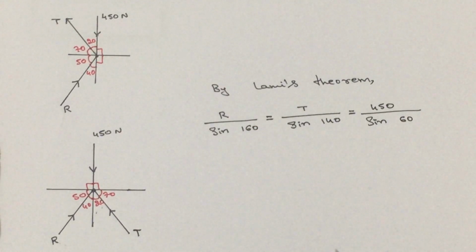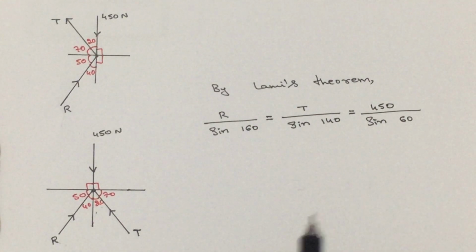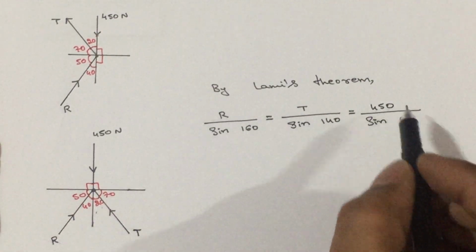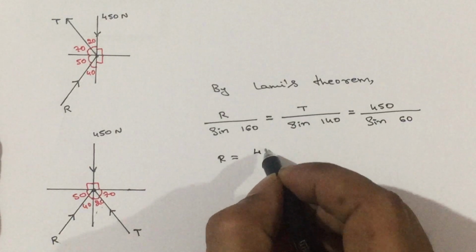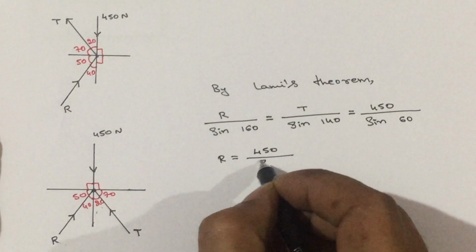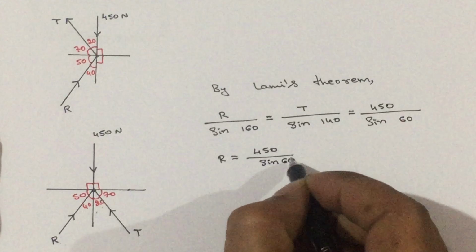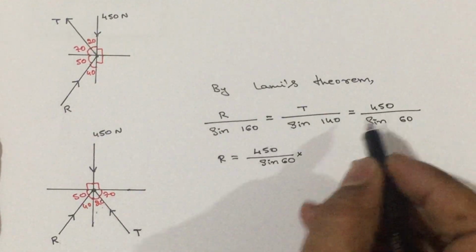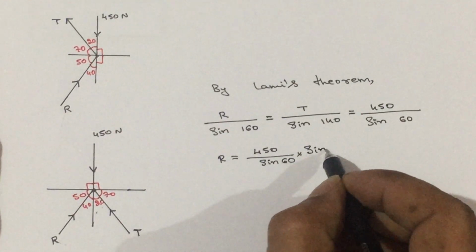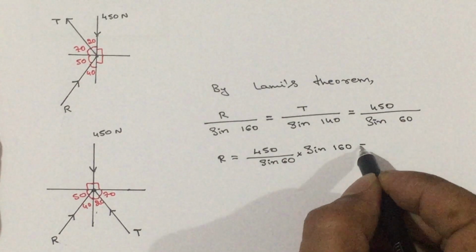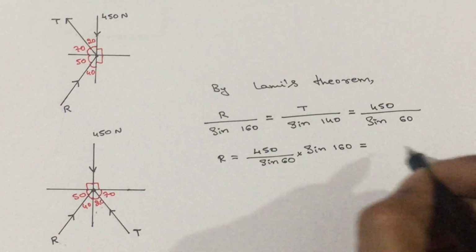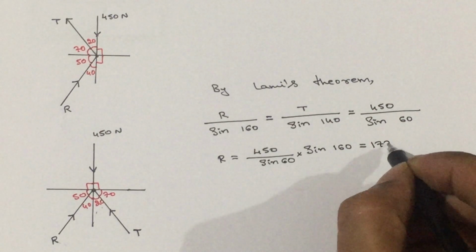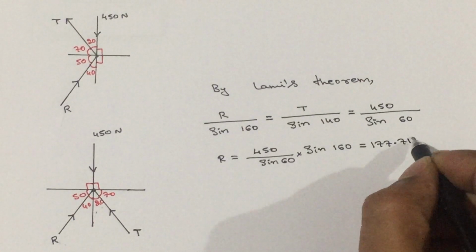Now select any 2 parts in such a way that there should be only one unknown. Select the first part and the last part, you will get R equal to cross multiply, 450 divided by sine of 60 multiplied by sine 160. So, you will get reaction as 177.719 newtons.